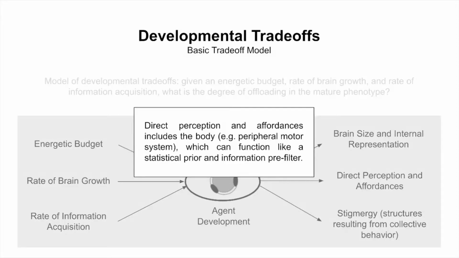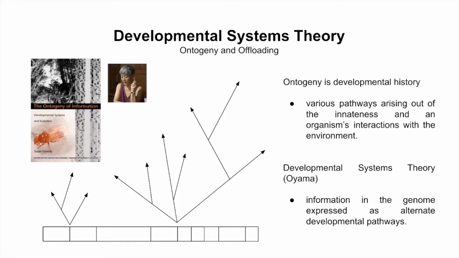internal brain. We also have to remember that in the case of an embodied agent, the body also has sort of an offloading capacity, as the peripheral motor system, for example, can function like a statistical prior and an information prefilter. We can also draw from the work of Susan Oyama, who was the founder of developmental systems theory. Remember that ontogeny is developmental history.